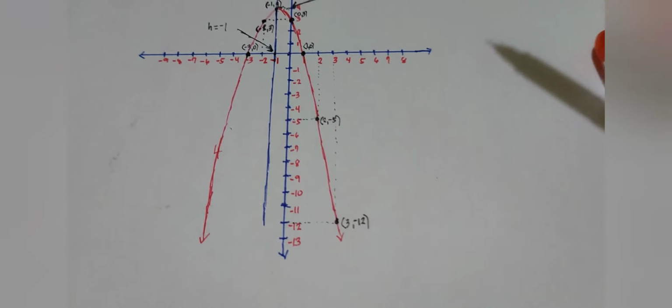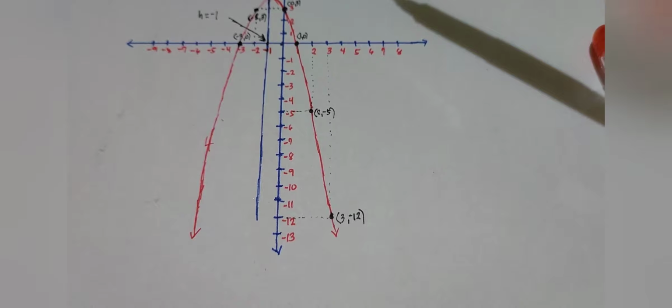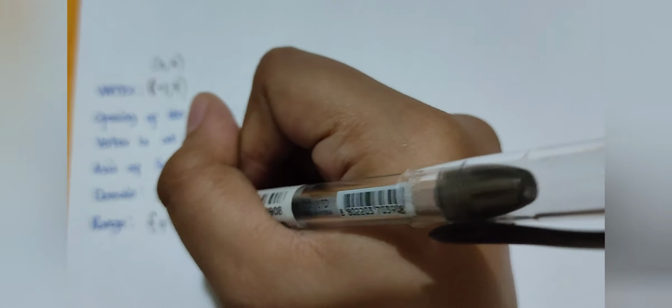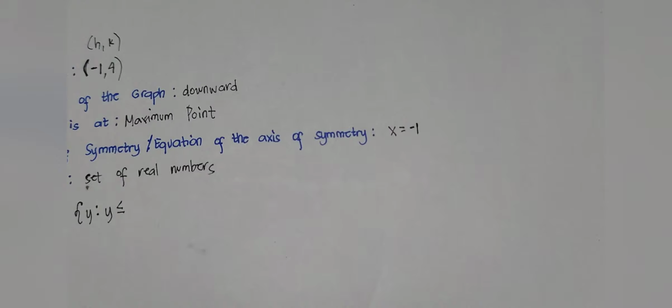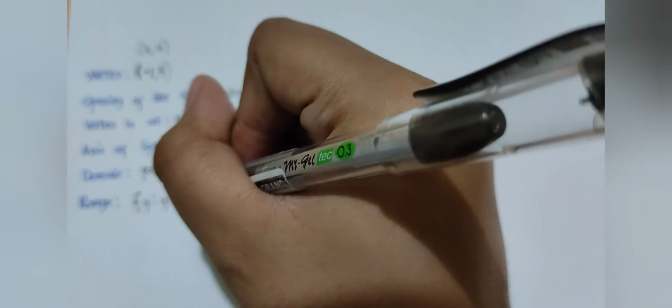So, di ba, ang graph natin is opens downward. So, ibig sabihin, ang gagamitin natin is less than or equal to. So, y is less than or equal to, ano yung value ng k? Ang value ng k is 4. So, y is less than or equal to 4.